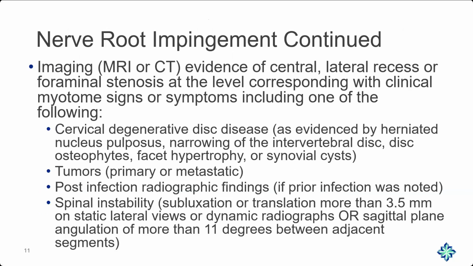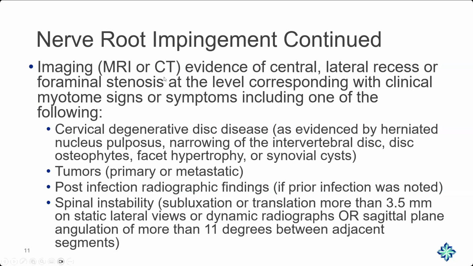As we move on, this is a continuation for the nerve root impingement. MRI or CT, and there needs to be evidence of central, lateral recess, or foraminal stenosis at the level corresponding to the clinical myotome signs and symptoms, including one of the following.